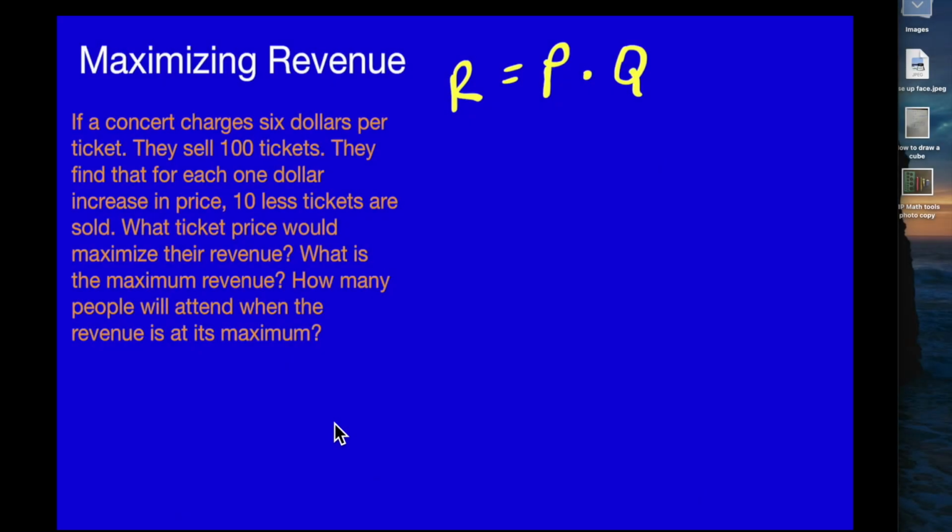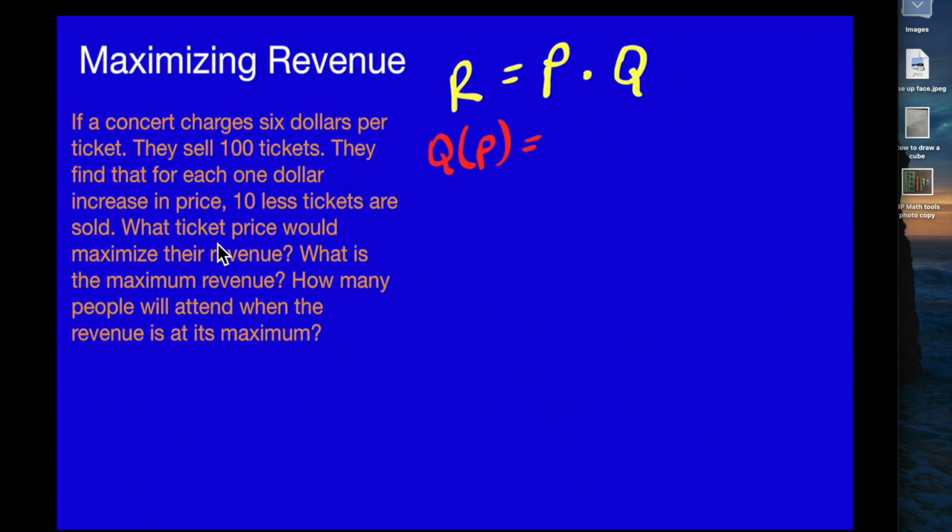Folks, let's now do this same exact problem, but we're going to do it a different way. Again, whenever we see the word maximum, we want to think about the vertex, so we need a quadratic equation. In this particular technique, we're going to take the quantity as a function of p, and then plug it in here, and when you get p times p, we're going to have our quadratic.